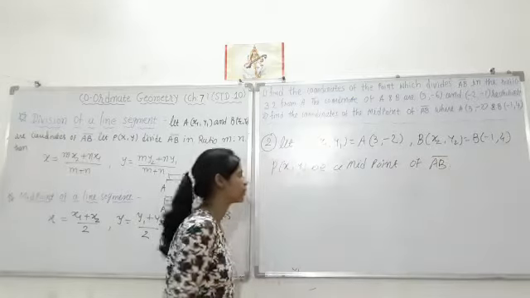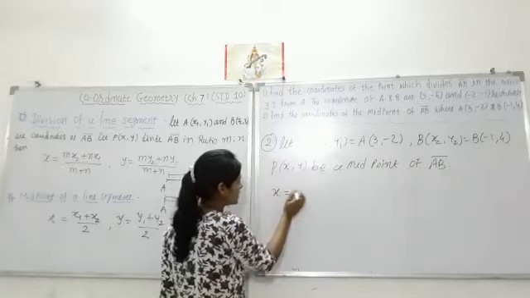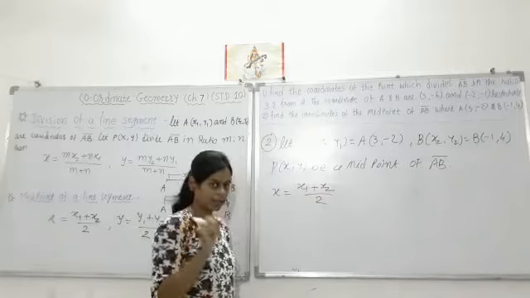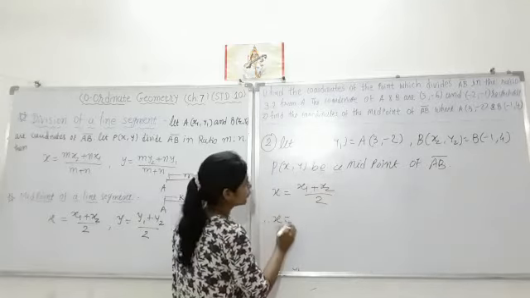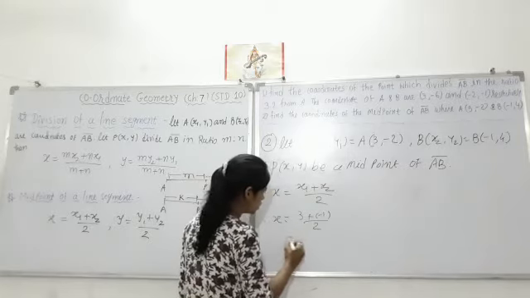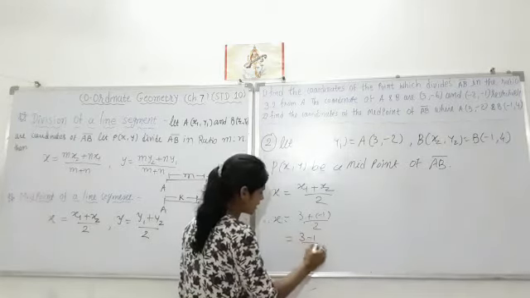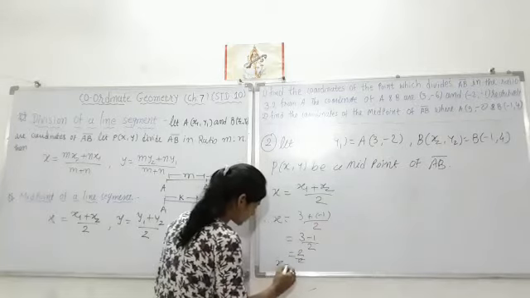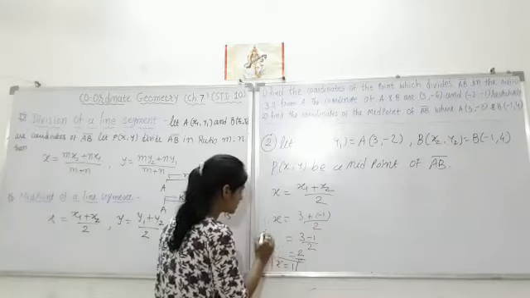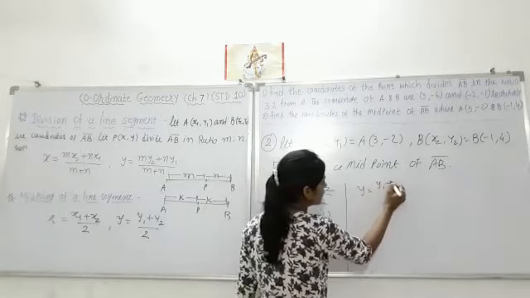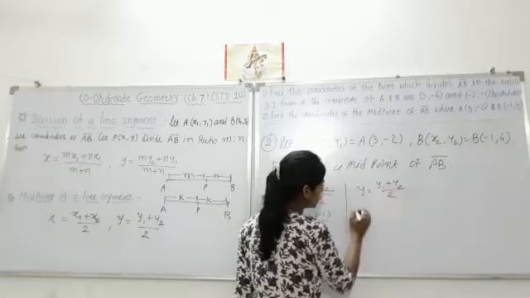Therefore, by the midpoint formula, its x coordinate is equal to x1 plus x2 divided by 2. Put the corresponding values: 3 plus minus 1 by 2. So 3 plus minus 1 divided by 2, so 2 by 2. So your x is 1. In the same way, y is equal to y1 plus y2 upon 2.